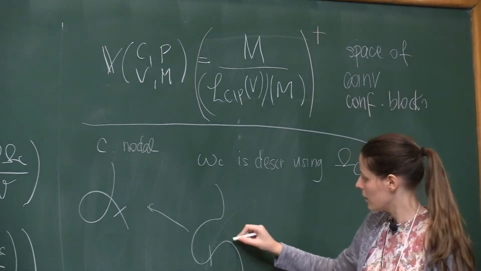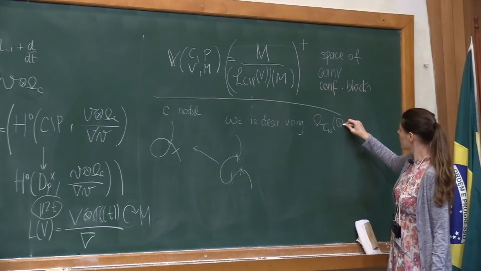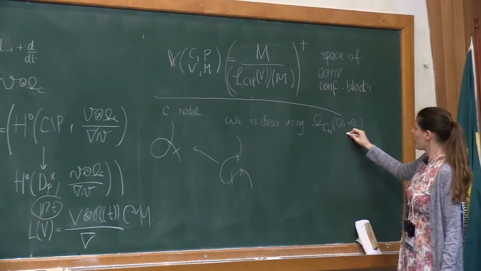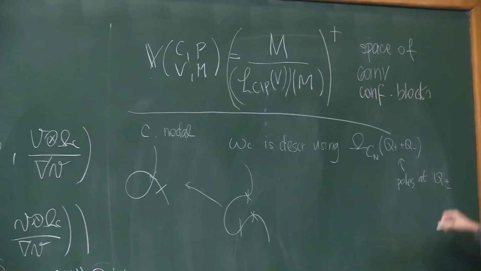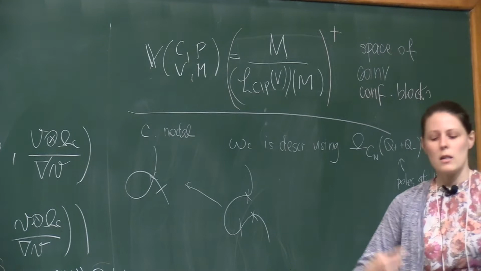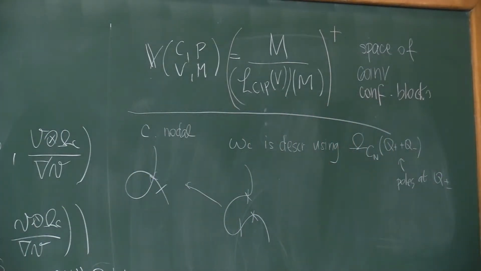So again, I have the 2 points here, where I can have poles at the 2 points. So maybe another way of saying it is that every time you have a nodal curve, and you will see this is really related to the factorization property I said before, every time you have a nodal curve, you can think of it as being obtained from the normalization using some glue-in data. And this is true, for instance, by this sheaf.